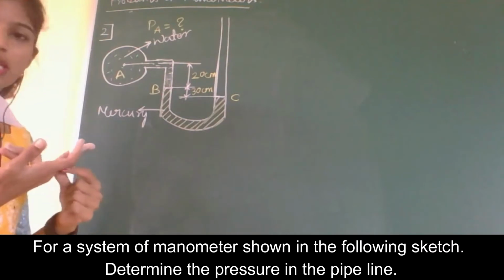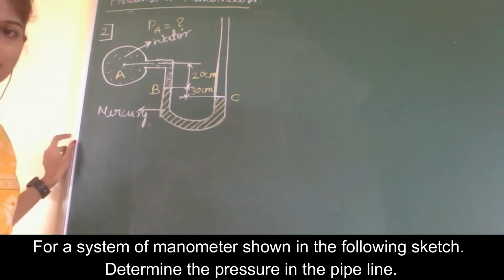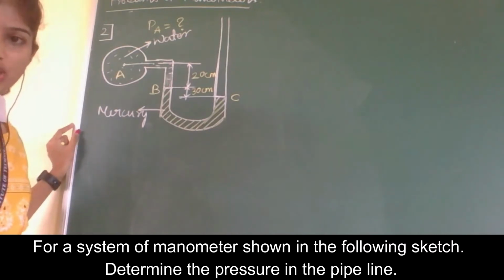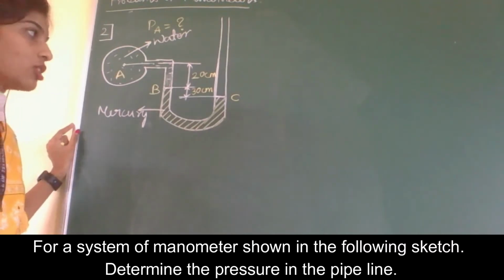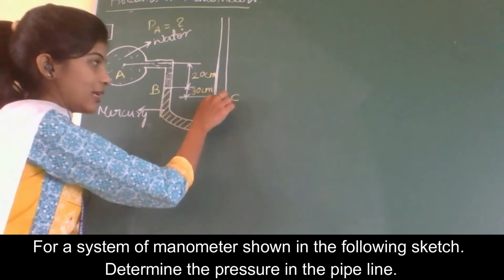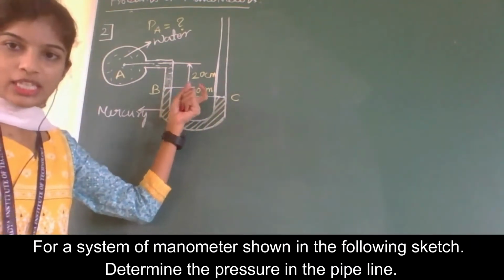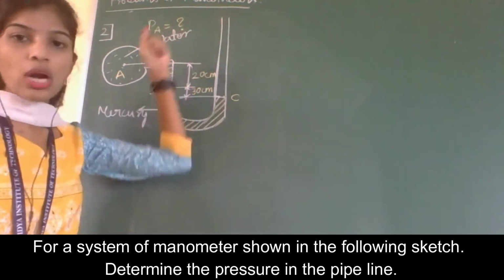As we discussed in the previous problem also, from where do you have to start? From the point where you know the pressure. So this is the right limb, point C, the right limb of the manometer. Here also, it is exposed to atmosphere.